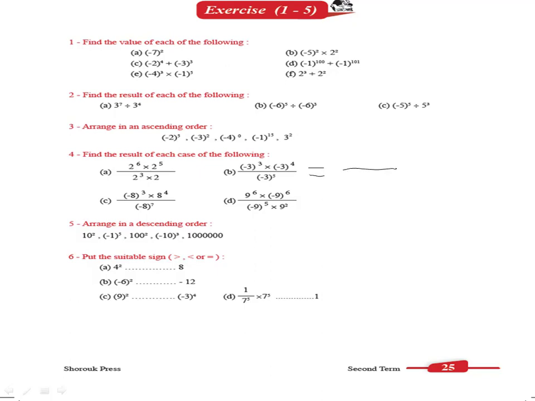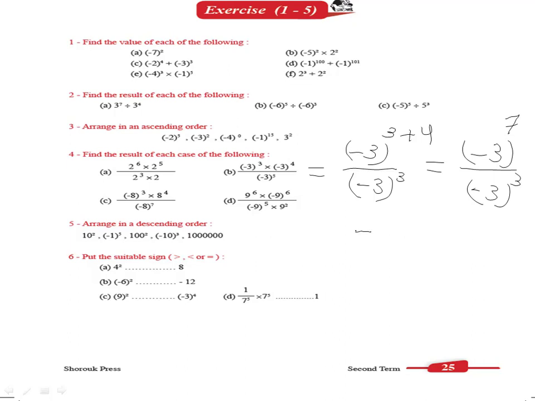We have negative 3, the same base. So in multiplication, we make negative 3 to the power 3 plus 4, divided by negative 3 to the power 3 equals. We add the powers here: negative 3 to the power 7 divided by negative 3 to the power 3.